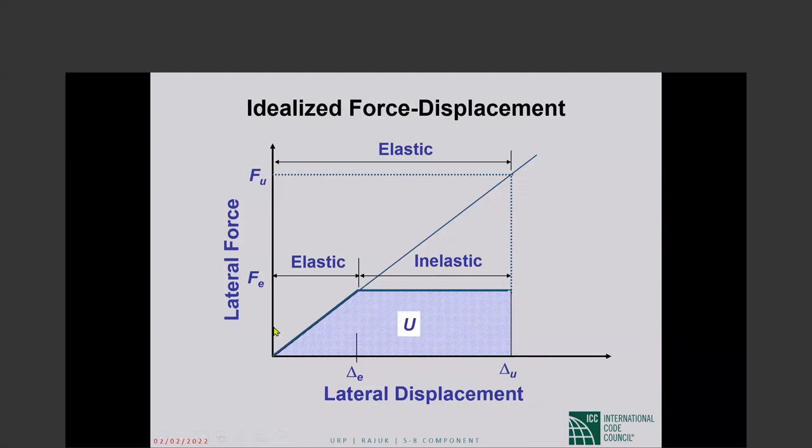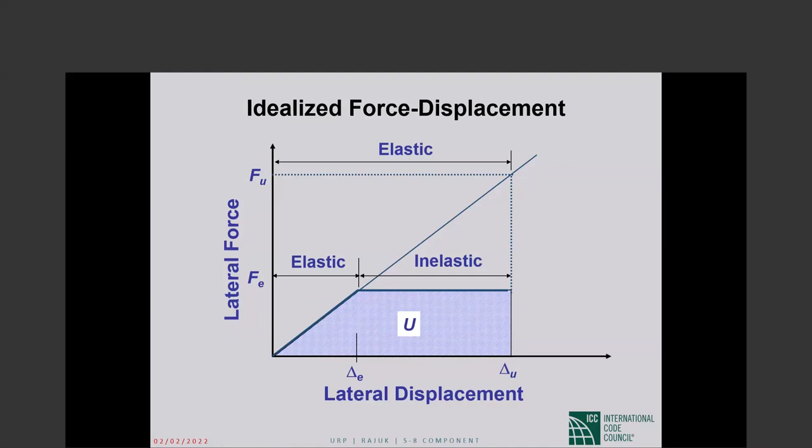And very importantly, we get our structure back located where it was before the earthquake, not some distance away, as tends to happen. Okay, so the elastically responding structure develops a force equal to F sub u in this particular earthquake and suffers a total displacement equal to delta sub u.